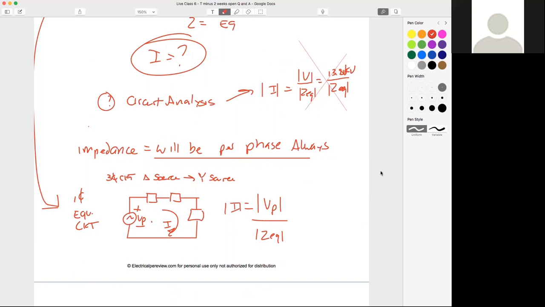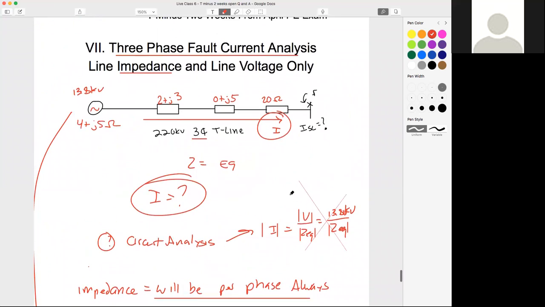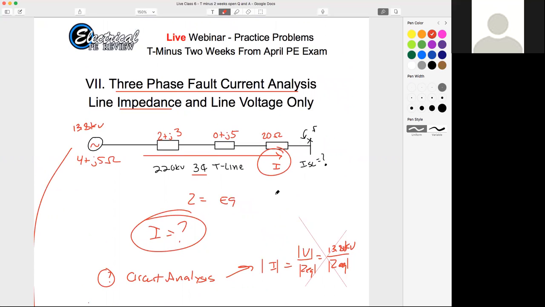Any other questions? Aaron said, I got lost at 220 kV T line. Burl said, so V is divided by square root 3, which is 220. No, Rel. So in this problem, we said it was 13.8 kV.